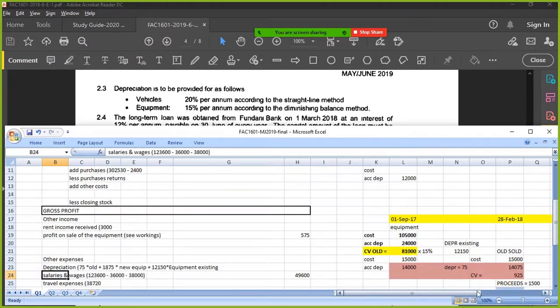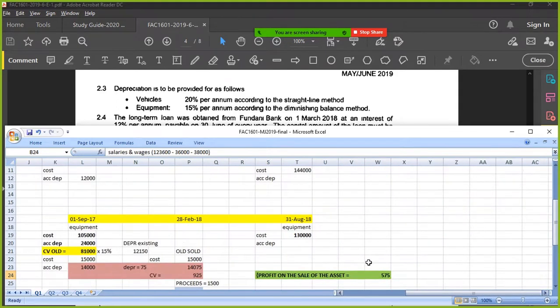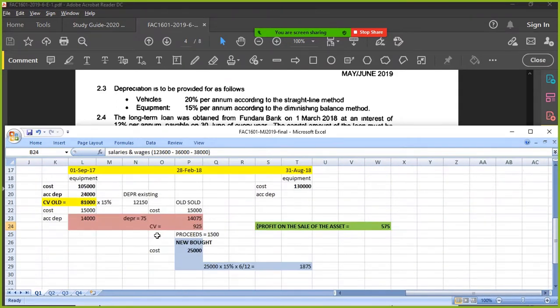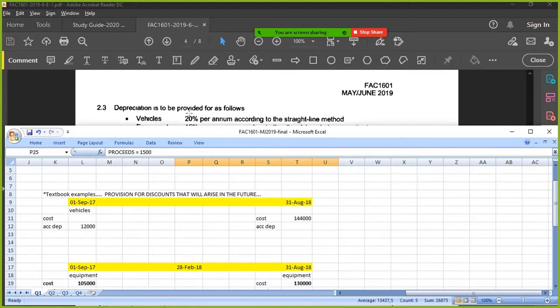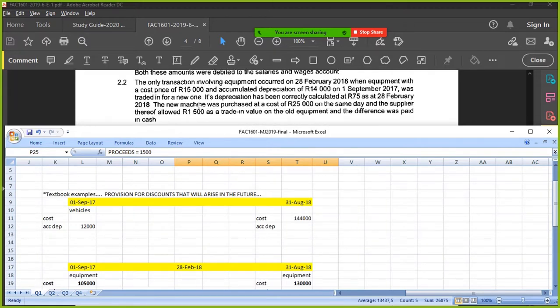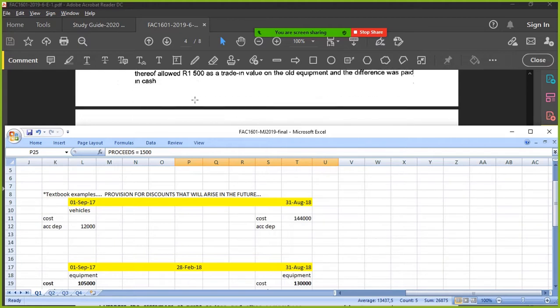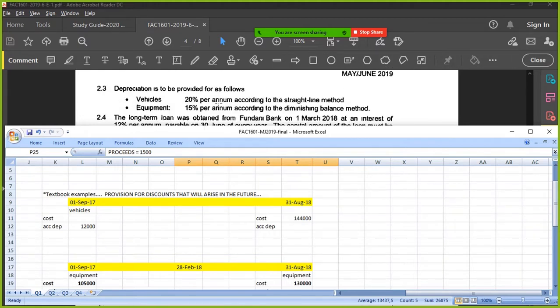Okay, all right, so have I dealt with my equipment? Yes, I've got the existing done. Old sold, got it. Profit on the sale, yes. And the new, perfect. Okay, all I need to do now is just the vehicles. The only transaction for vehicles and equipment was that one, eh? Yeah. All right, what is vehicles? Vehicles is straight line. Brilliant.